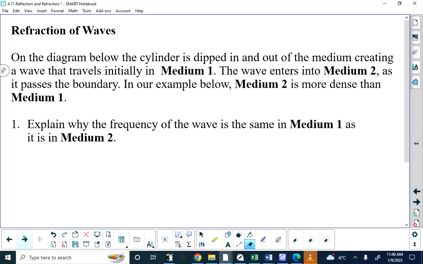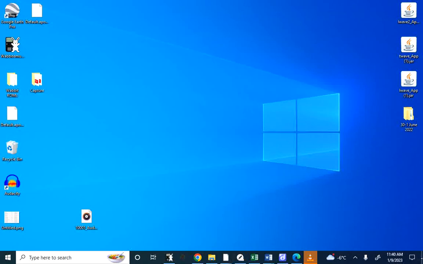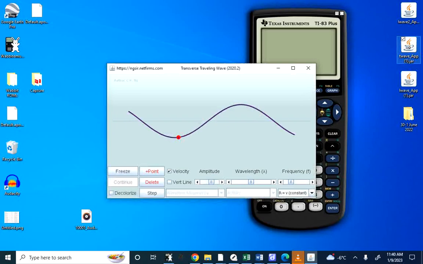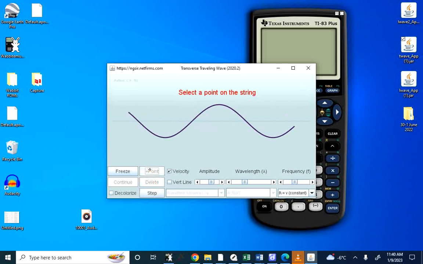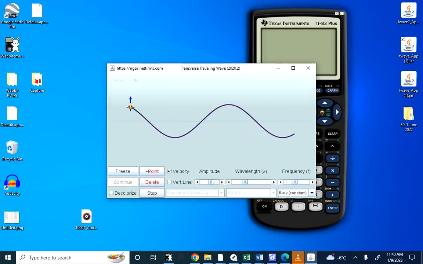This whole thing, when I showed you what a transverse wave is, and I'm going to increase the frequency a little bit here, and I start by putting a point here. That point is moving back and forth with a particular frequency.